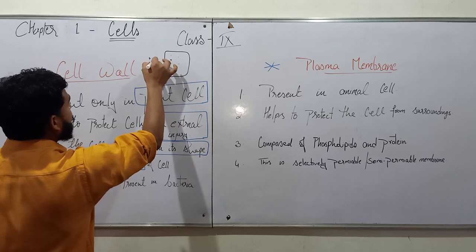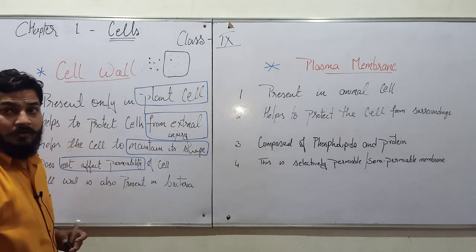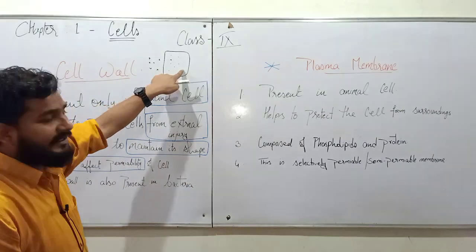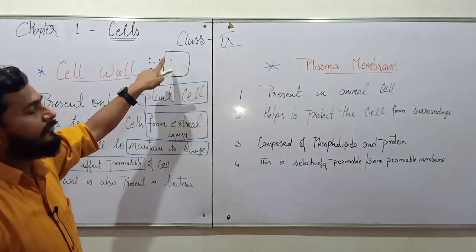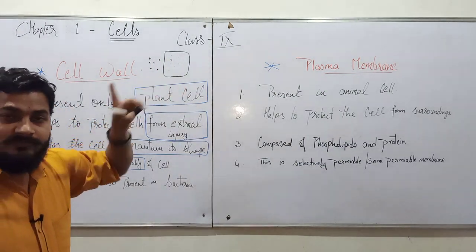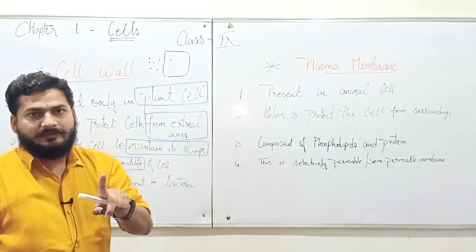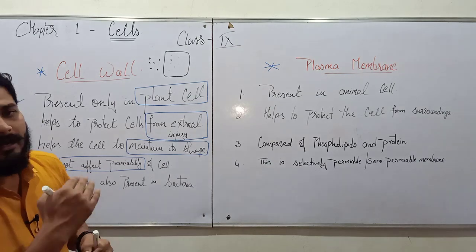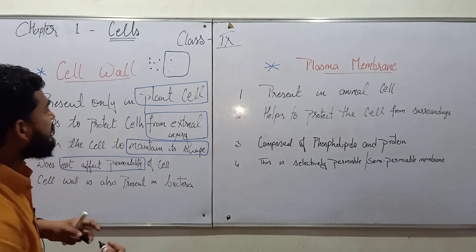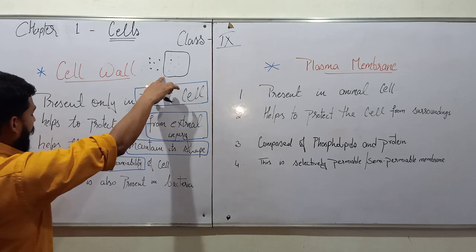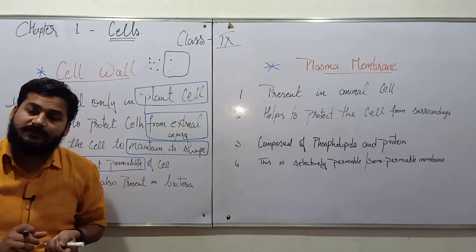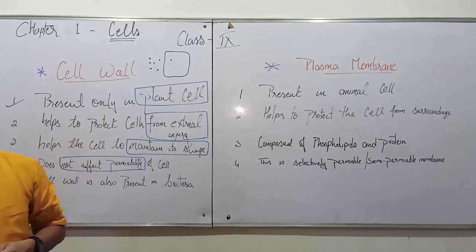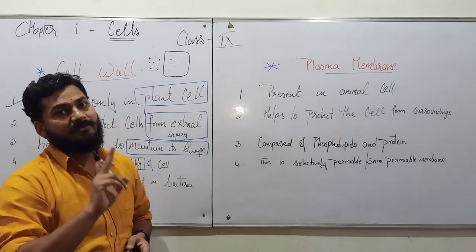I am marking this as a cross. Whether this molecule is able to move inside or not, or the inner molecule is able to move outside or not, this property is called permeability, the ability of movement of different molecules from inside or outside of the cell. So this cell wall will not affect the permeability of the cell. It means if something has to go out or come in, that will not be affected by the cell wall.